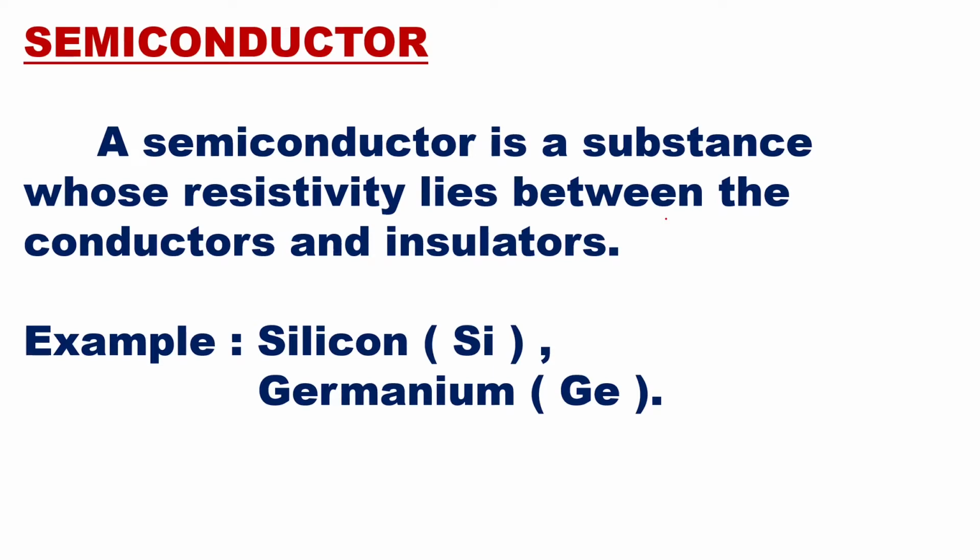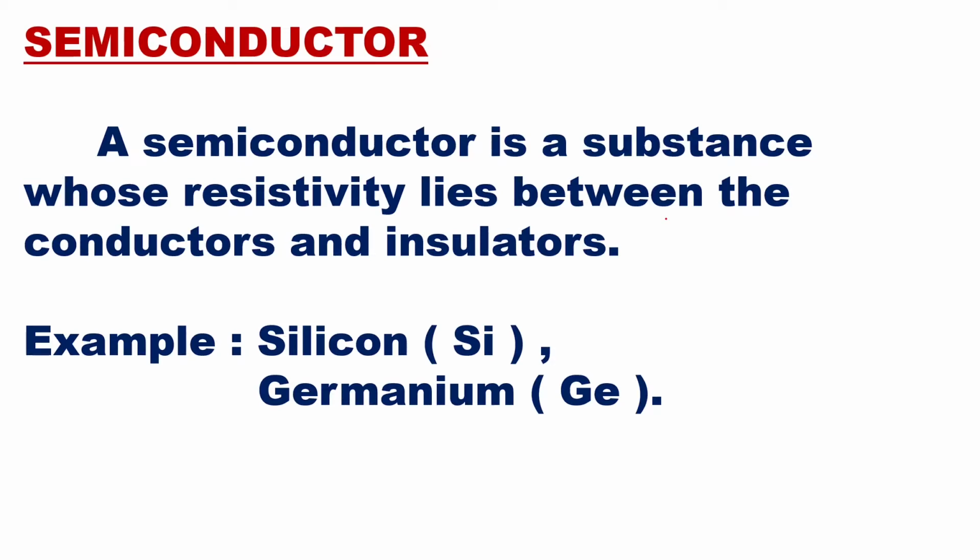What those electrons and holes are we'll see afterwards, but at present just remember that the opposition given by that substance to the flow of current lies between conductor and insulator.